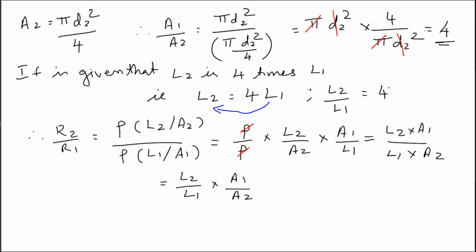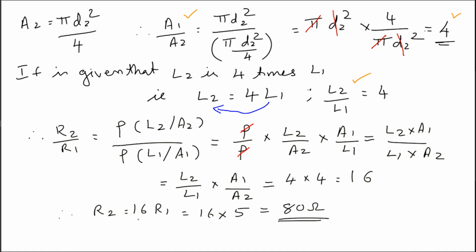You have seen that L2 by L1 is 4 and A1 by A2 is also 4, so that this can be written as 4 into 4, that is 16. Therefore, R2 is equal to 16 R1, that is equal to 16 into 5, which is given, that is equal to 80 ohm. So R2 is 80 ohms.